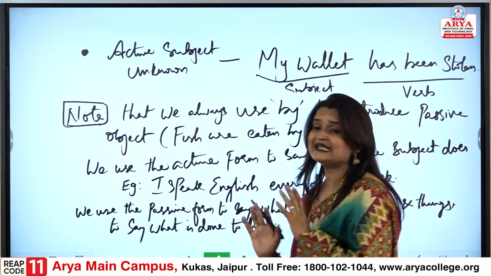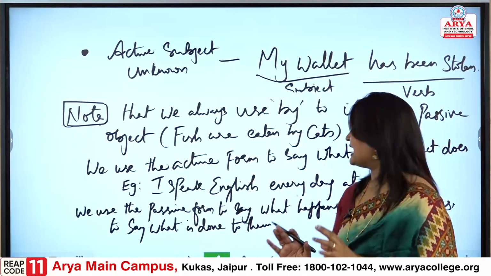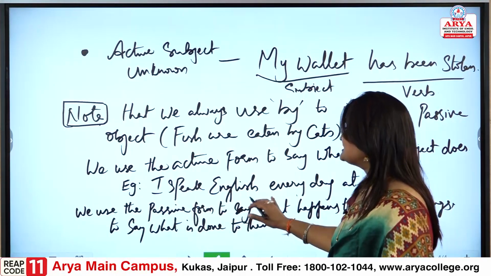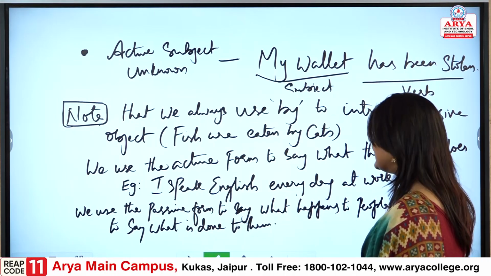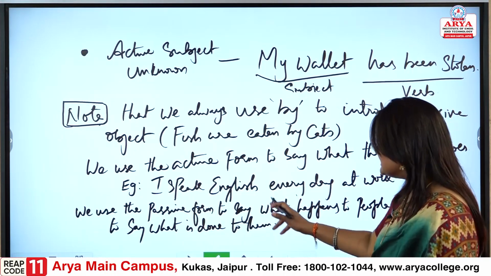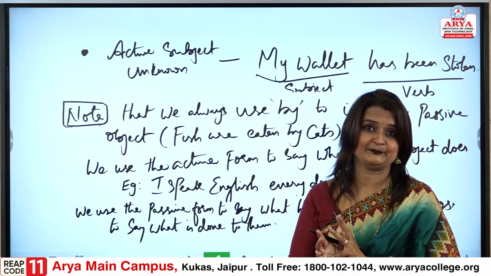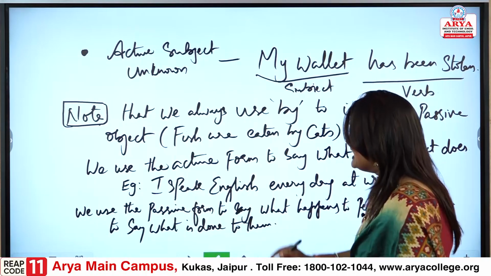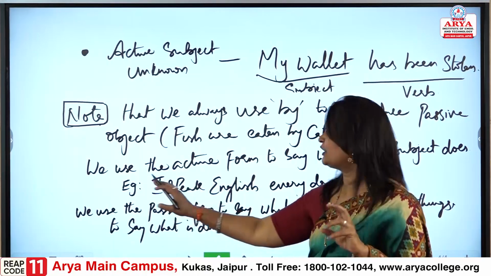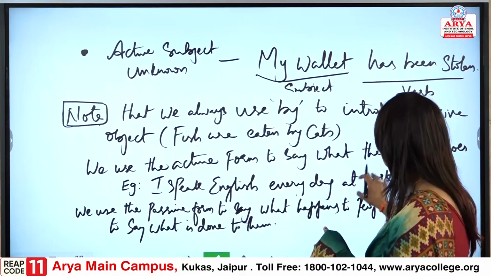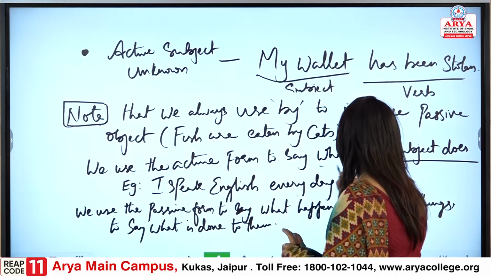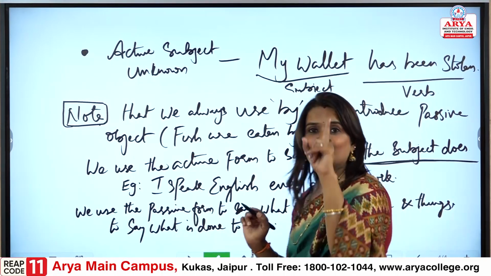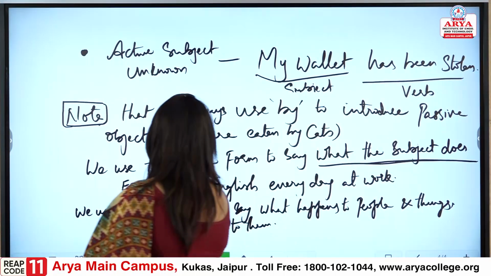Now please understand this: we use the passive form to say what happens to people and things, to say what is done to them. In active, we use the active form to say what the subject does, that is the first point, and that is the active.